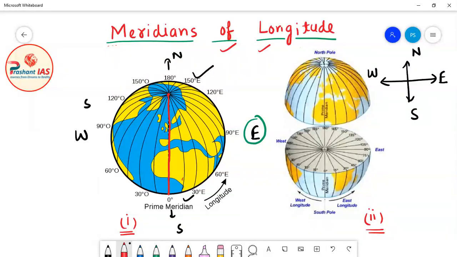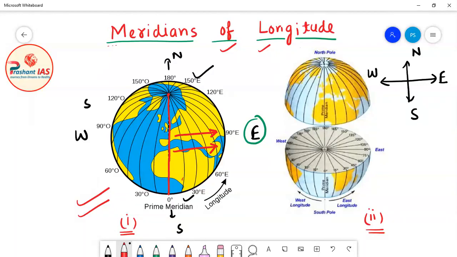Okay, now you can apply the same concept in the case of meridians of longitude also. All the longitudes which are located to the east of the prime meridian will be called eastern meridians of longitude, or we can also call them eastern longitudes.